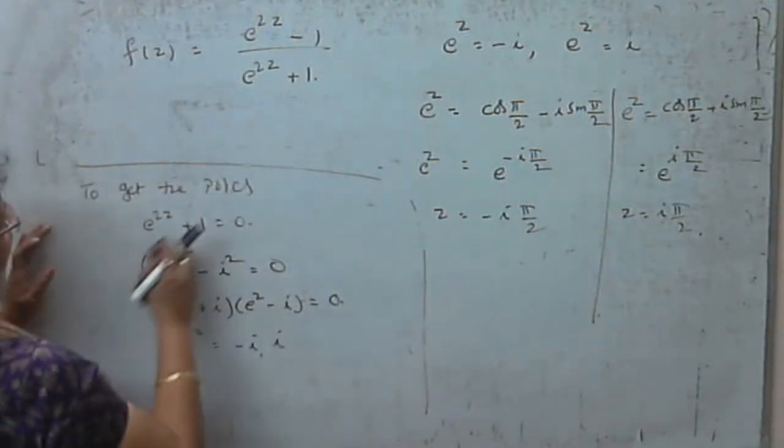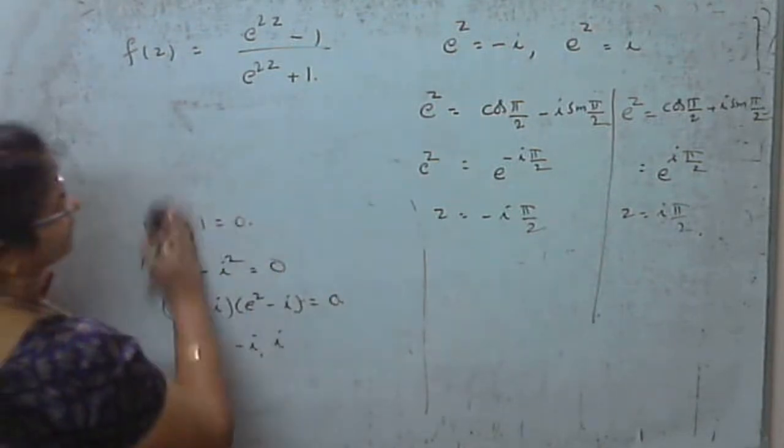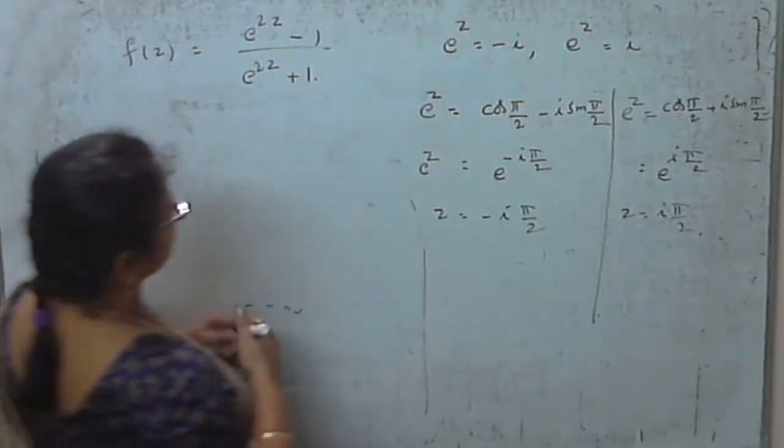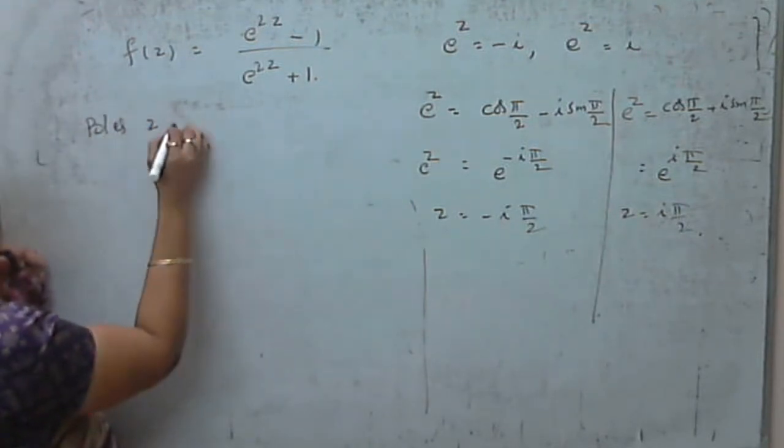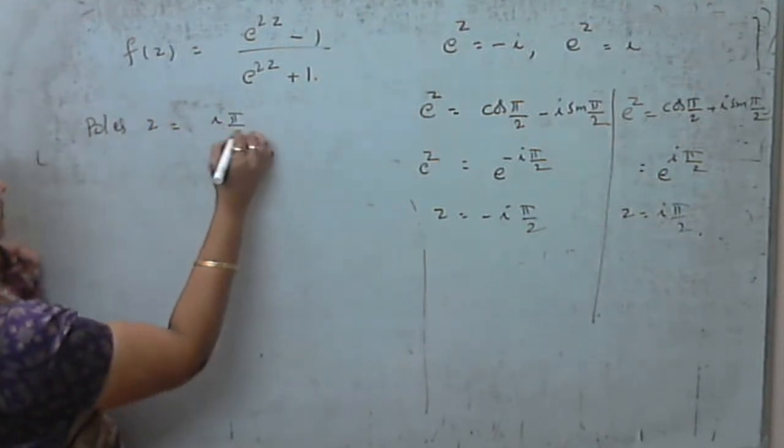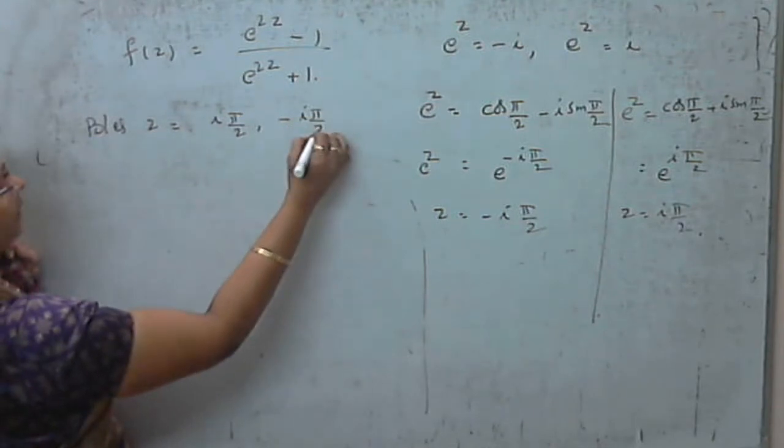Now you have to find the residues at these poles: z equal to plus i pi by 2 and minus i pi by 2.